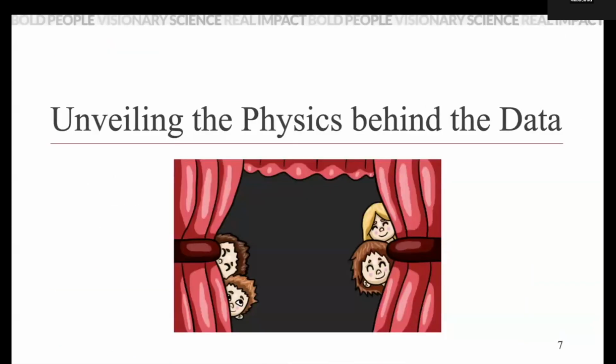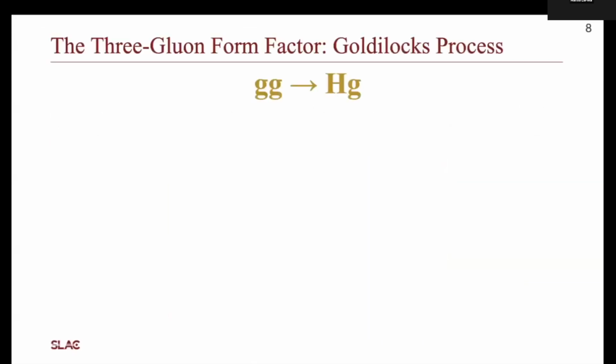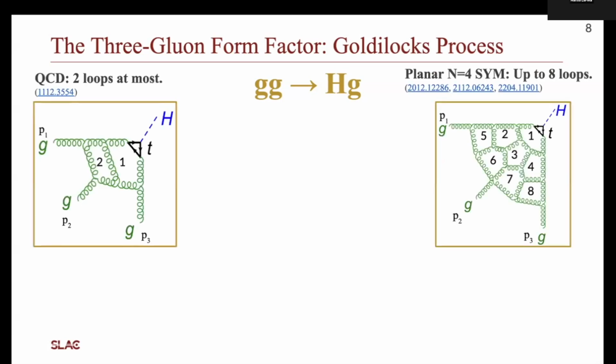Good. Now that we have the data, let's take a look at what exactly the underlying physics is. The data I showed you is for this particular process, the so-called three-gluon form factor. The Feynman diagram is shown here. In real-world QCD, this process has been calculated up to two gluon loops.